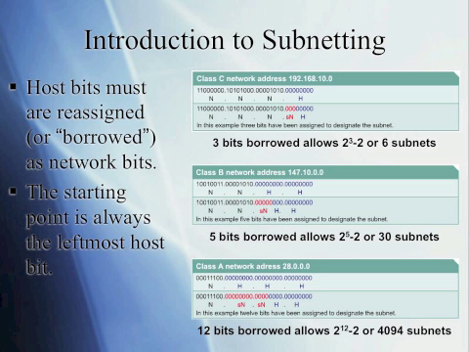Now, when we get into subnetting, subnetting is where we're going to take bits away from the host portion. So we know a typical Class C address has the first three octets reserved for the network. They're identifying the network number.